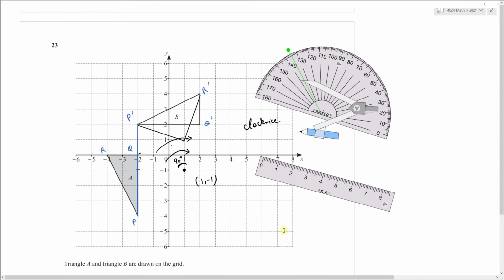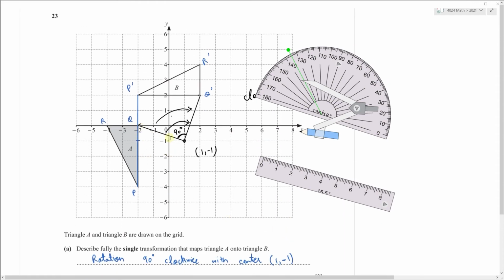So if you go back, this is 90-degree clockwise, and this is your center, which has coordinates 1 and minus 1. That's how you will find the transformation.